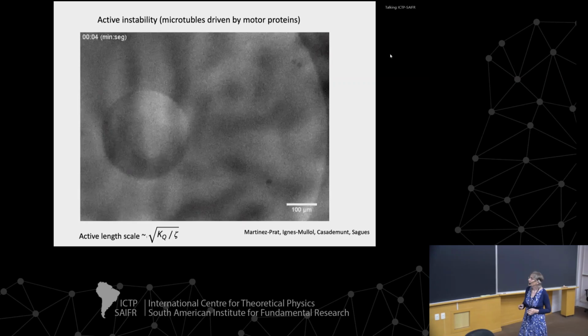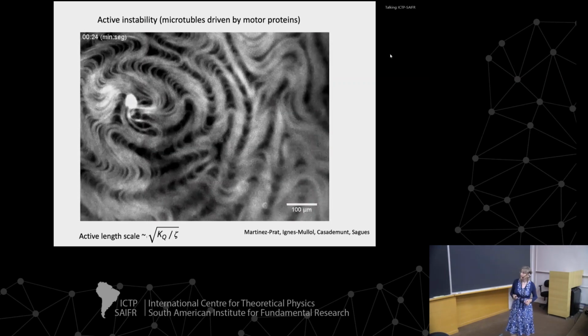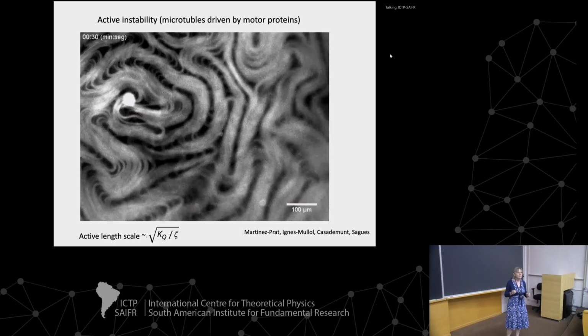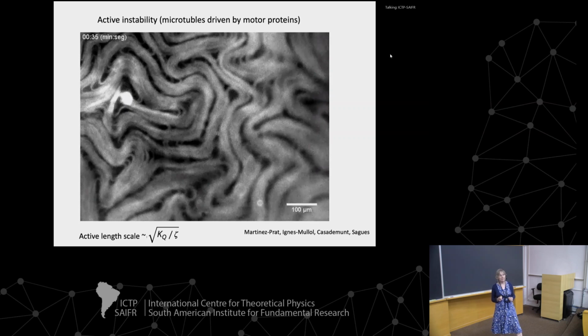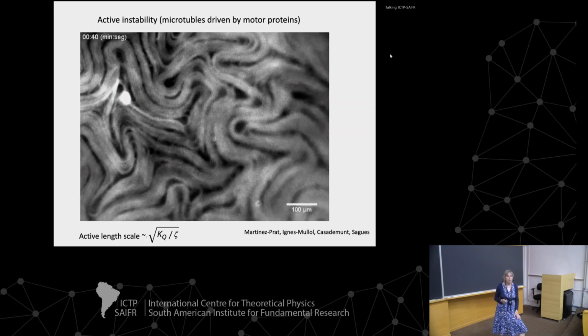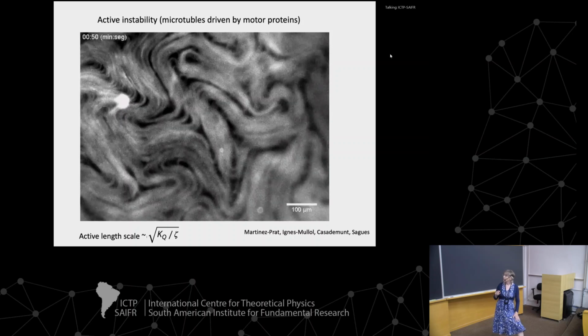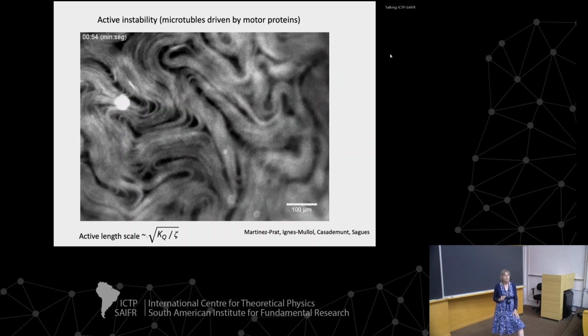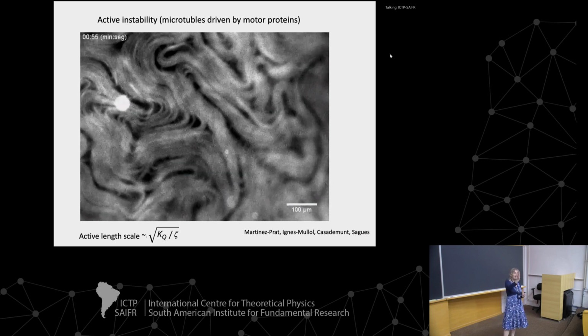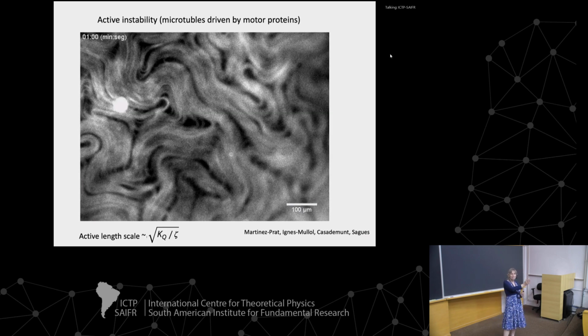That's the problem. Okay. So what I'm showing here, and I will show it again, is this instability in practice in a microtubule motor protein system. This is research from Francesc Sagués' group. And the problem is, if you want to see the instability, you have to get the microtubules lined up before you can start. And they don't naturally line up.